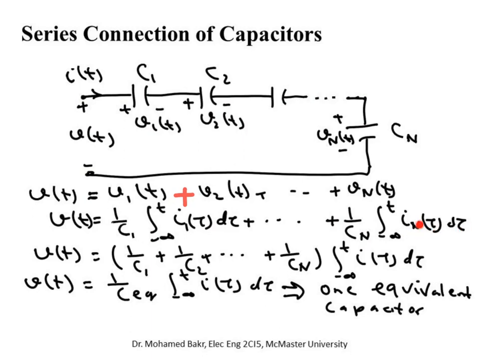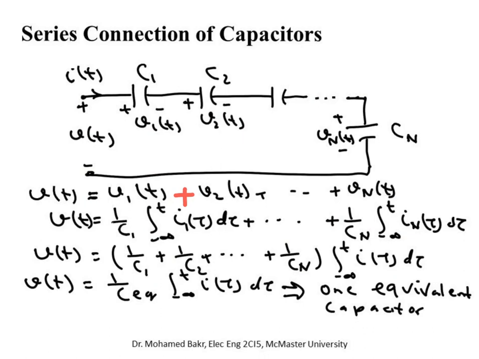But remember, all these currents are the same. So I1 of tau is equal to I2 of tau is equal to I3 of tau up to In of tau at all time tau. Because this is a series connection, the same current flows through all of them. Okay? So I can take this integral out as a common term. And now the surprising thing is, you'll see that what is left inside is 1 over C1 plus 1 over C2 plus up to 1 over Cn.